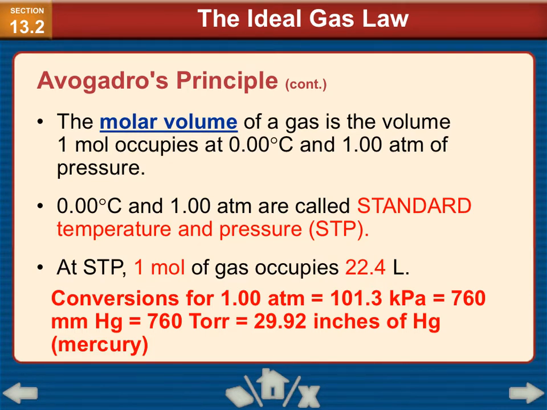Now that we're talking about gases, we have different conversion factors for the units of pressure. We have 1 atmosphere is equal to 101.3 kilopascals, which is equal to 760 millimeters of mercury, which is equal to 760 torr, or 29.92 inches of mercury. So we have a variety of units for pressure now that we're talking about gases.